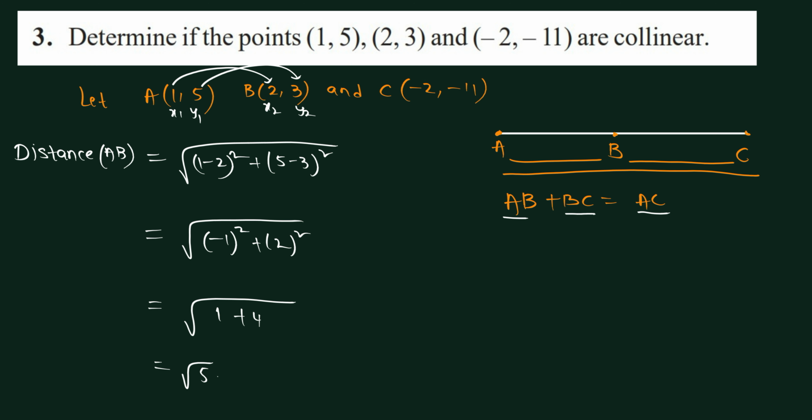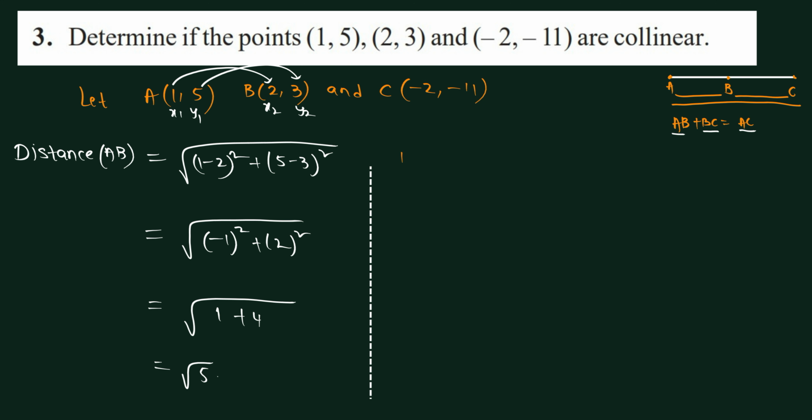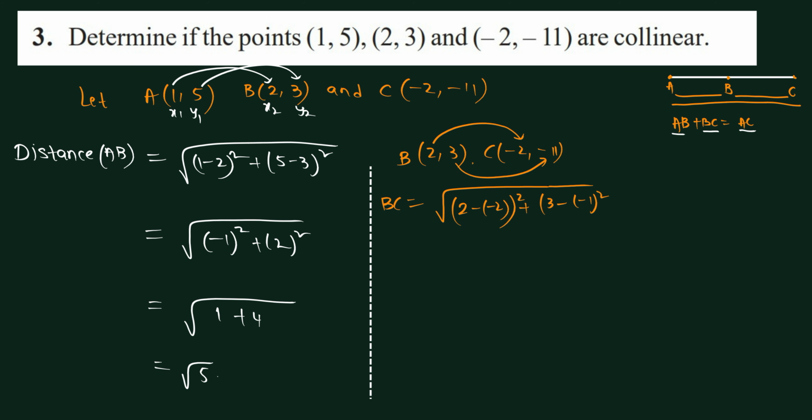Distance BC, where B point is (2, 3), C point is (-2, -11). 2 minus (-2) is 4 square. Then 3 minus (-11), 3 plus 11 is 14 square.